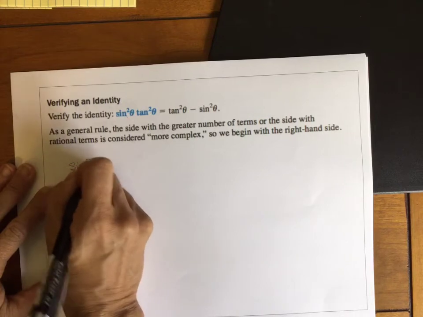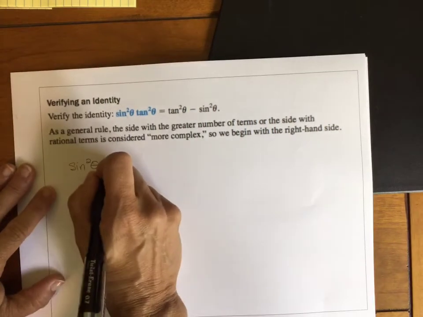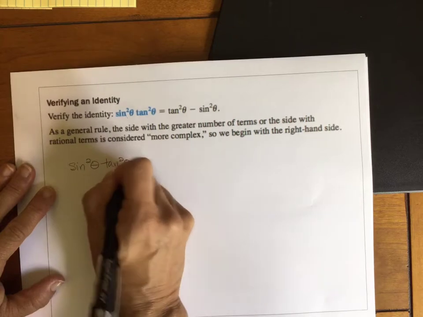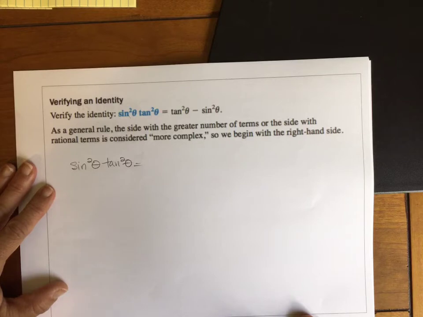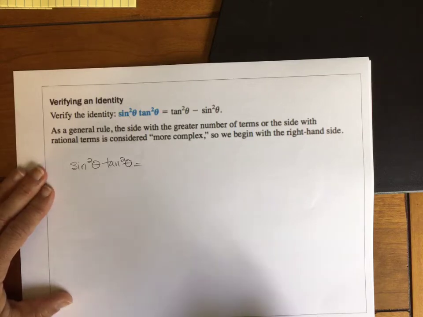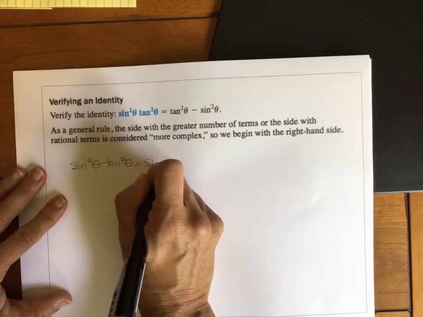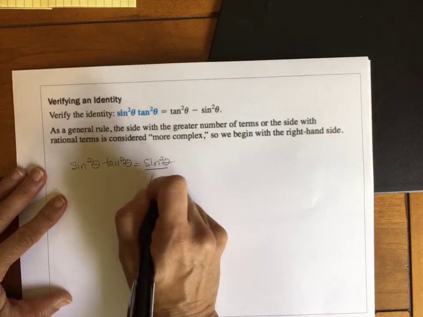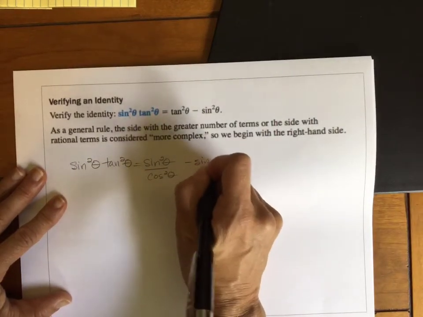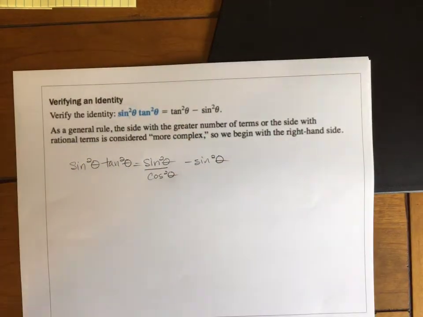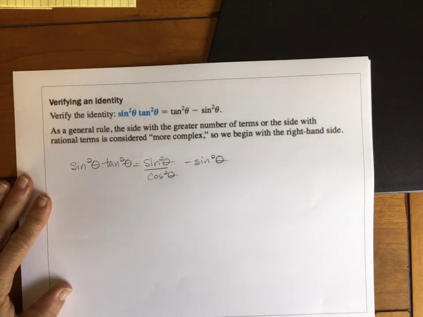So I'm going to leave sine squared theta, tangent squared theta like this. First thing I'm going to do is take tangent squared and write it in terms of sine and cosine. So that's sine squared theta divided by cosine squared theta minus sine squared theta. This does not look any better, but I'm going to go ahead and work on getting a common denominator for both of these so I can combine them.